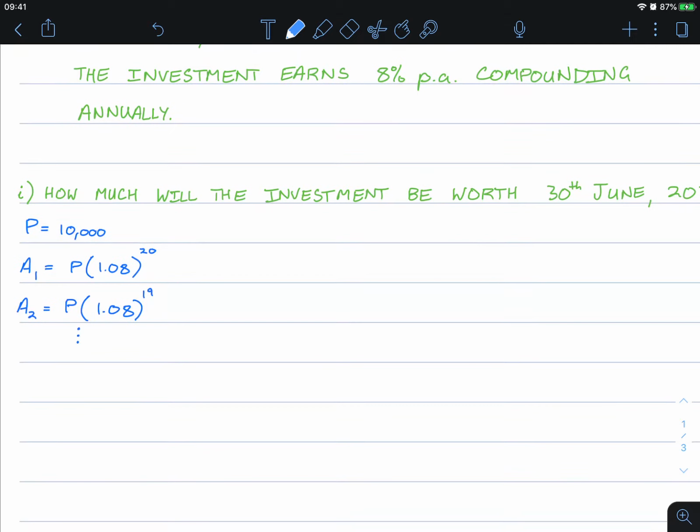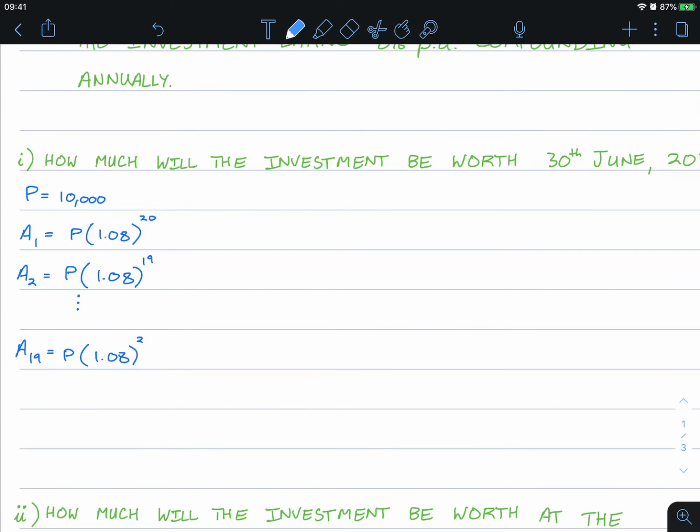This pattern can continue until the 19th installment. So the second from last installment is going to be the $10,000, 1.08. This will occur for 2 years. And the last one, for the 20th installment, is going to be 1.08 to the power of 1, for 1 year.